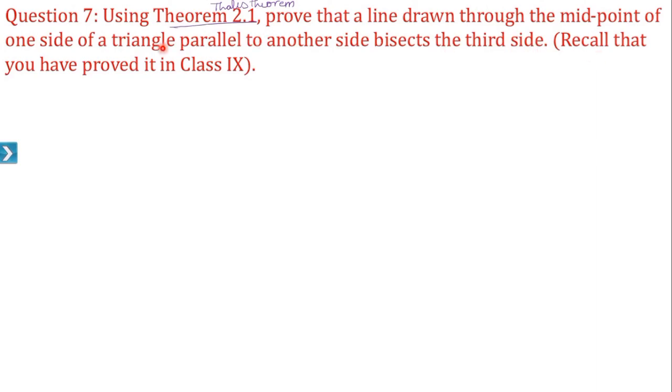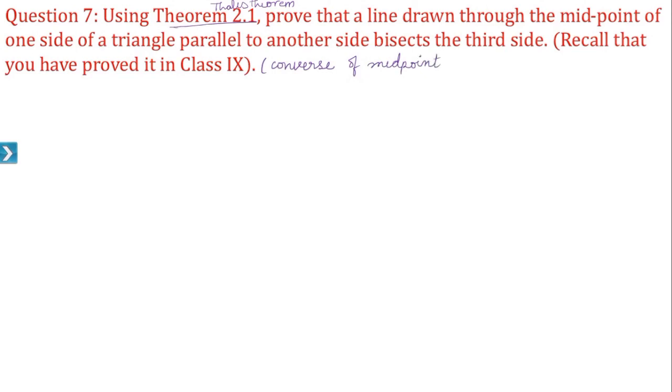Recall that you have proved it in class 9th. Do you remember this theorem? This is converse of midpoint theorem. A line drawn through the midpoint of one side of a triangle parallel to another side bisects the third side. This is called converse of midpoint theorem.